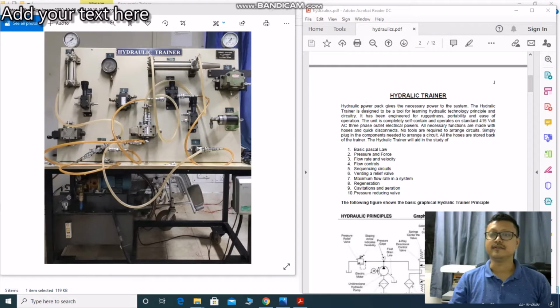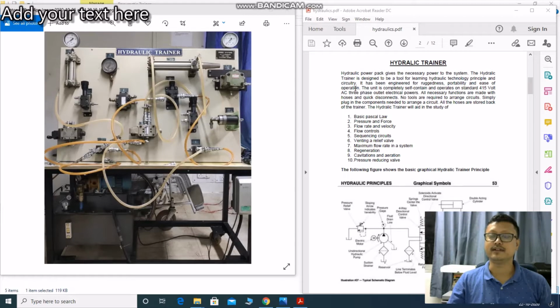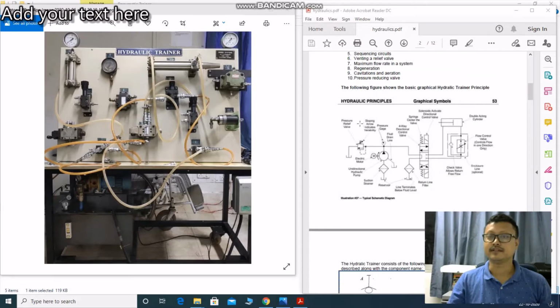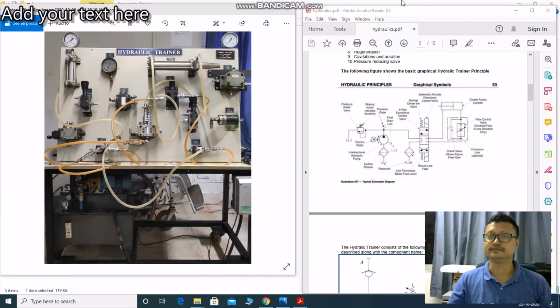Before starting the experiment, I am going to elaborate on the components inside this hydraulic trainer. This is the manual where the hydraulic trainer is given in detail, and the basic hydraulic principle is given.